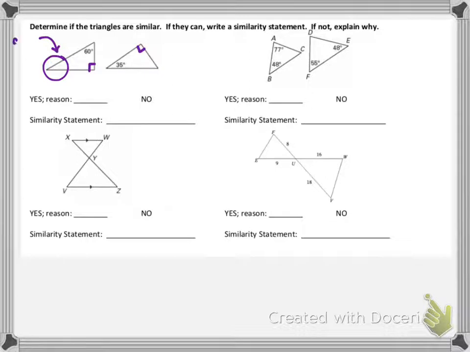So I'm going to go ahead and take 90 plus 60 plus x equals 180. 90 plus 60 is 150. 180 minus 150 gives me 30 for this angle. So those two angles are not congruent. So since I don't have congruent angles, that means that they are not similar. So I'm just going to circle no. I don't have to do a similarity statement if they're not similar.